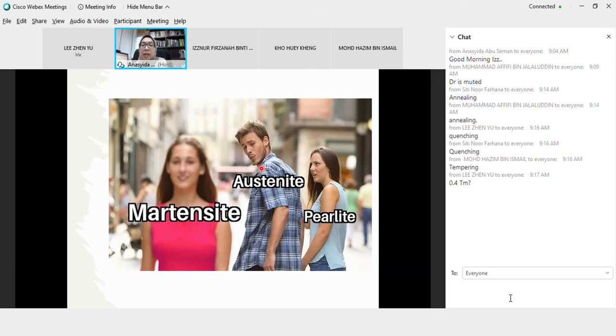So austenite will form martensite at a certain cooling rate, and in these cases martensite is really hard but it's not stable. So you can actually flashback this picture. Kalau kita ingat sangat apa itu martensite kan susah bila sampai finally pun tak ingat lagi martensite tu apa, perlite tu apa, austenite tu apa. Perlite ferrite tak ada dalam gambar ni.